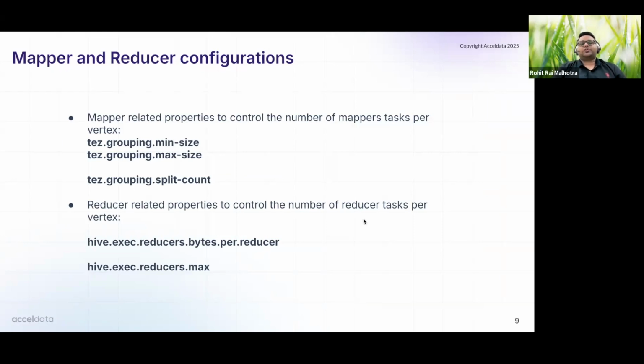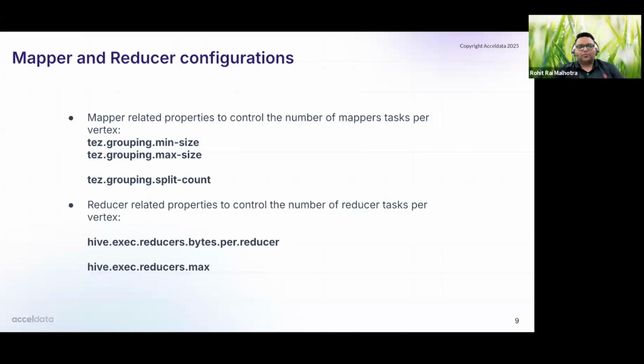So we should focus on tez.grouping.min-size and max-size to govern the number of mapper tasks that are generated. As a failsafe, you can use tez.grouping.split-count, where you can set a number for the number of mapper tasks that need to start for each and every mapper vertex. But it is generally not recommended. It is not the best practice to do so.